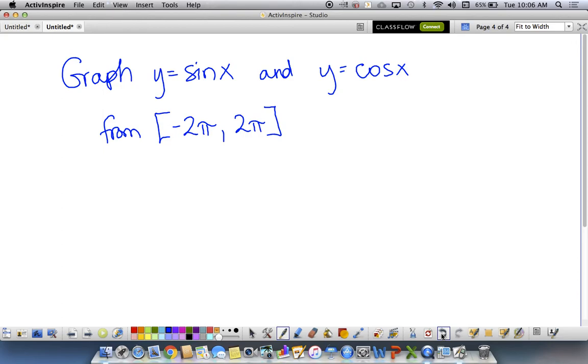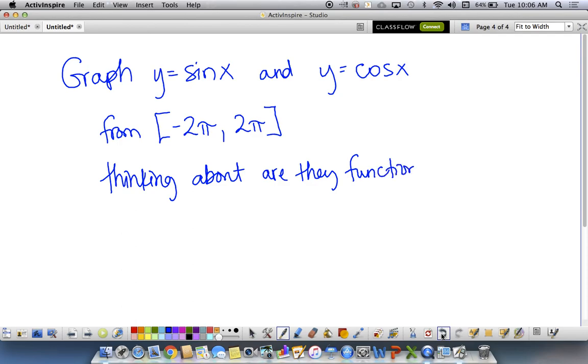And then start thinking about, are they functions? What about, are they one-to-one functions? If they are, that's great.